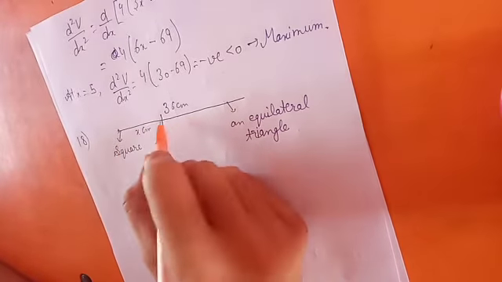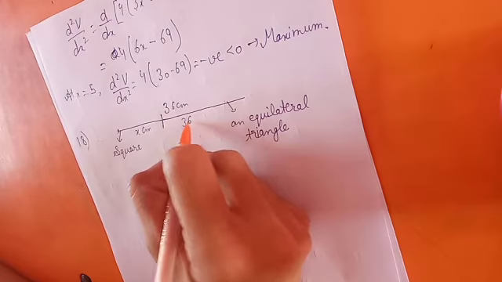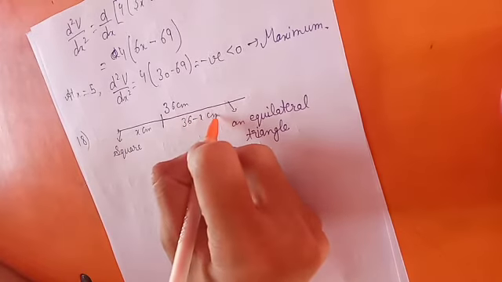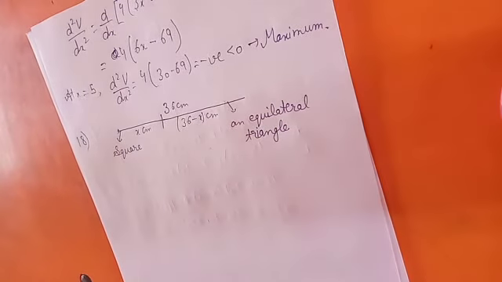If it is x centimeters, the remaining will be 36 minus x centimeters. Okay, clear. Now find the length of each piece so that the sum of the areas of the square and the triangle is minimum.